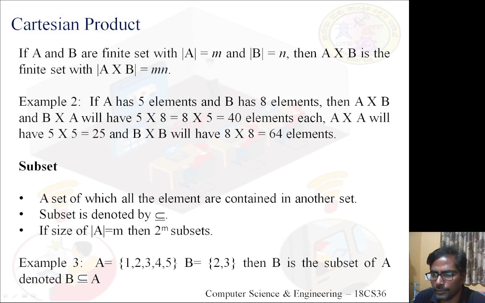As you can see, all elements of set B, that is 2 and 3, also exist in set A. So we can call B a subset of A. But we can't call A a subset of B, because set A consists of elements 1, 4, 5 which are not in set B. It is denoted as B subset of A, as you can see in the last line of the slide.